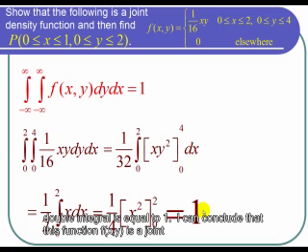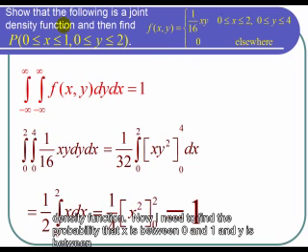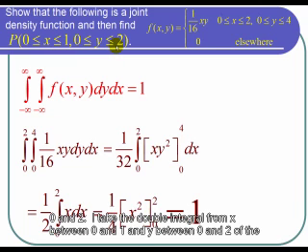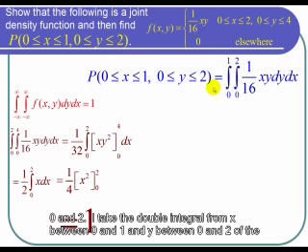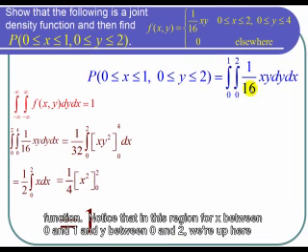So I can conclude that this function, f of xy, is a joint density function. So now I need to find the probability that x is between 0 and 1 and y is between 0 and 2. So I take the double integral for x between 0 and 1 and y between 0 and 2 of the function.